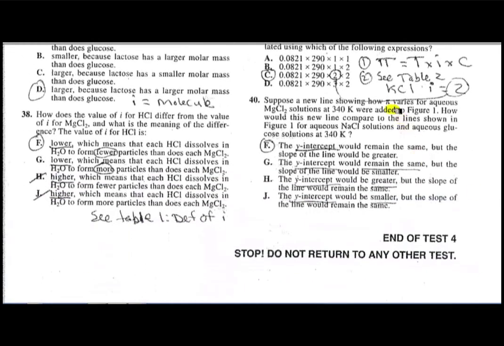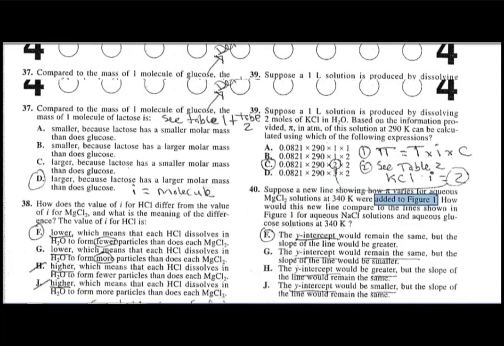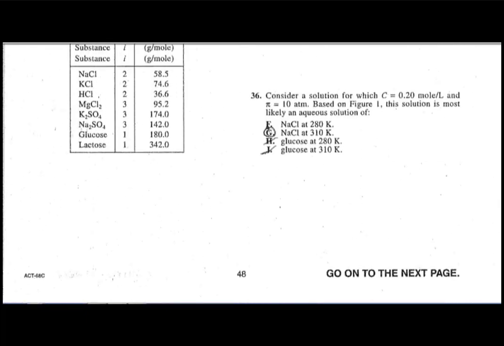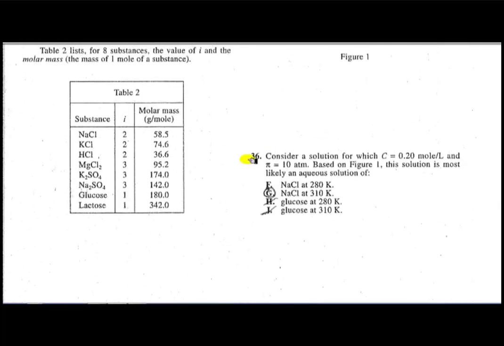Here we want to take MgCl2 and add that in to figure 1 and see what happens. Come over here. We quickly look over at table 2, find MgCl2, and you see now that our I value is 3. That means 3 particles.